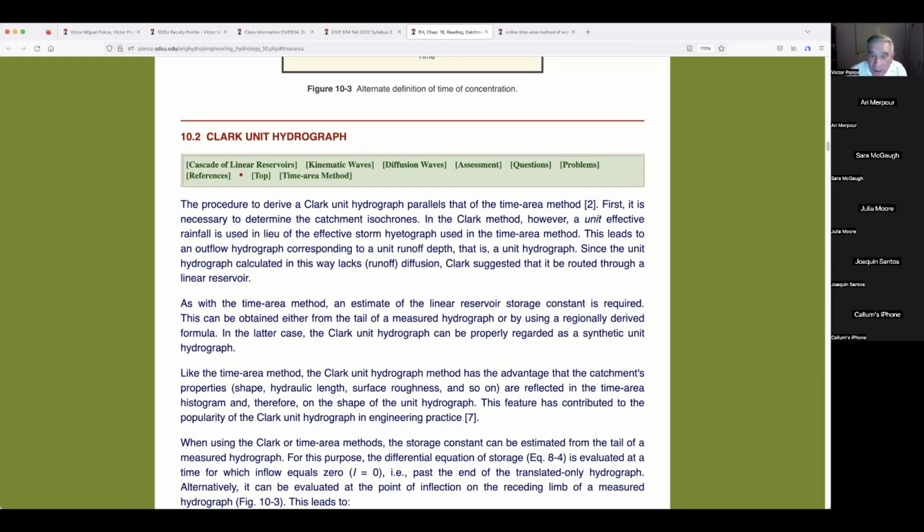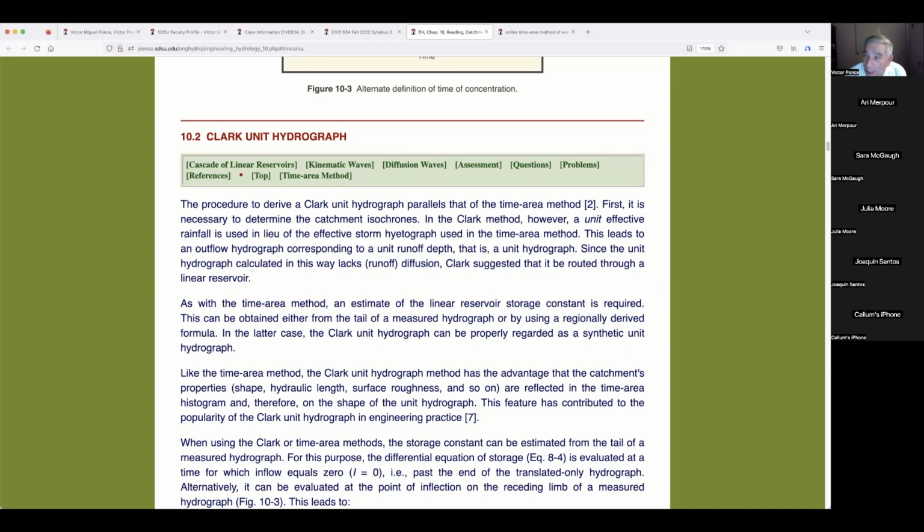Okay, so he basically applied the time area method for a unit impulse, which is easy to do. But then he said quite correctly that the calculation he had done did not have any diffusion. So then I don't know if he invented it at the time, but he was one of the first to come up with the idea that you could run this thing through a linear reservoir and get the diffusion that you so much need. And he did that.